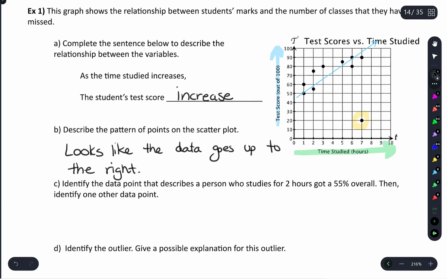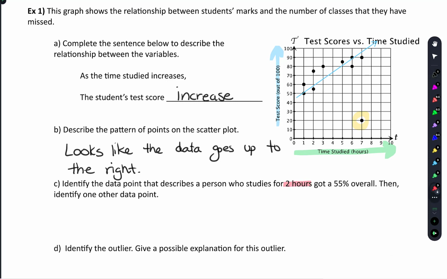Now there's a point here that we want to investigate, and this point is at 2 hours. So what we're going to do is go to 2 hours on my graph. That's right there, for the time studied is 2. And we're going to go straight up until we run into a data point right there. And now we're going to move straight over to the vertical axis to find out where we are.